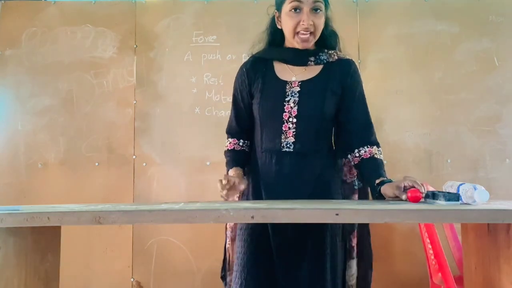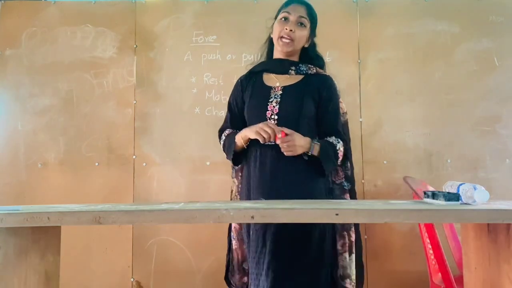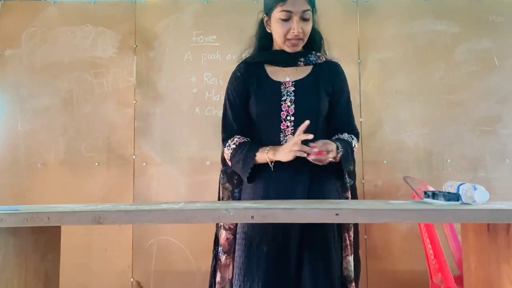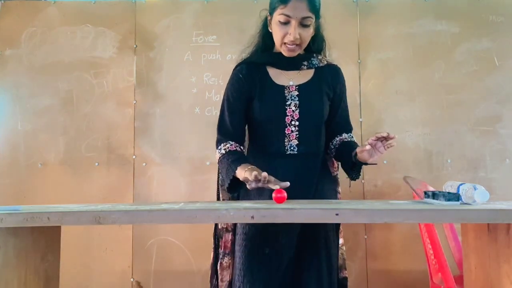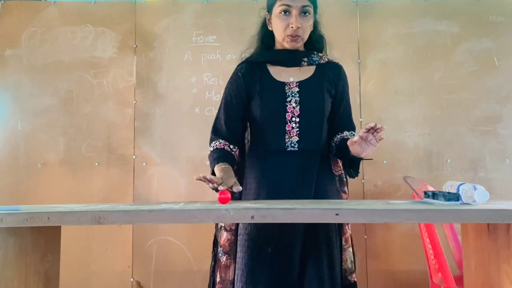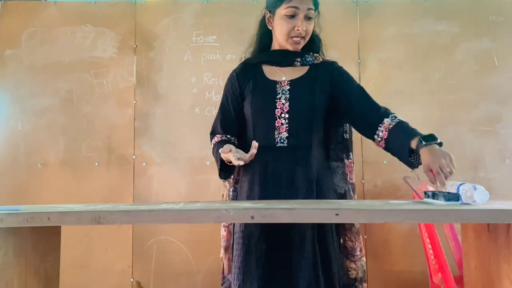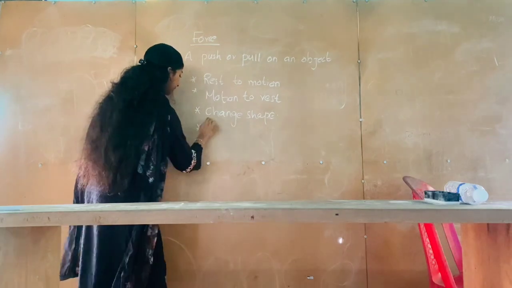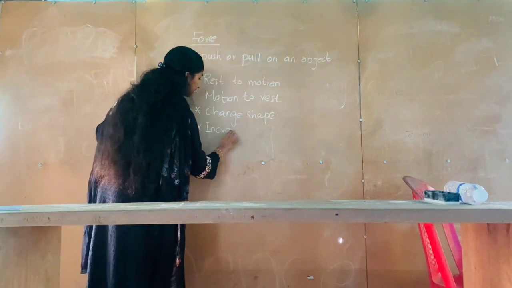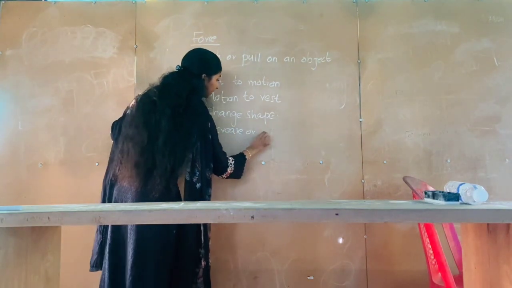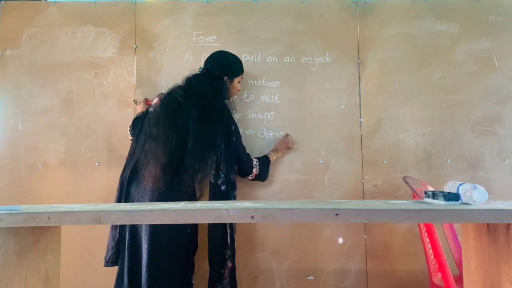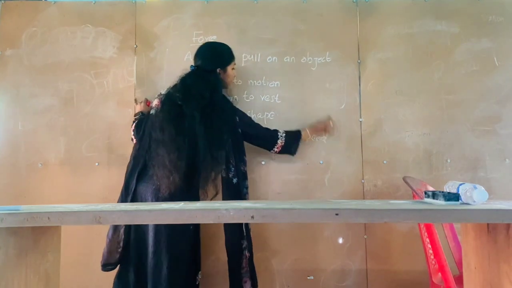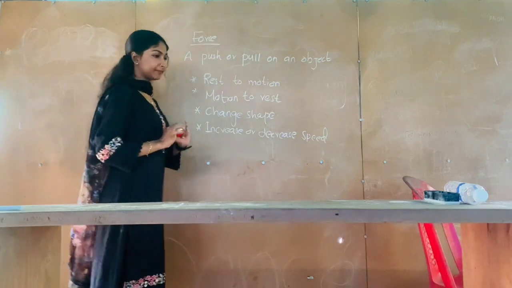Similarly, we can also decrease the speed of this ball. If this ball is moving very fast, then on the application of force, we can bring it down to rest, or we can decrease the speed of this ball. That is, increase or decrease speed.